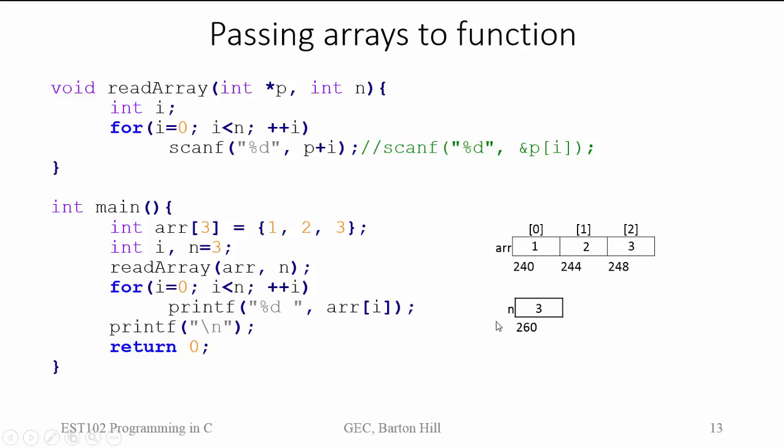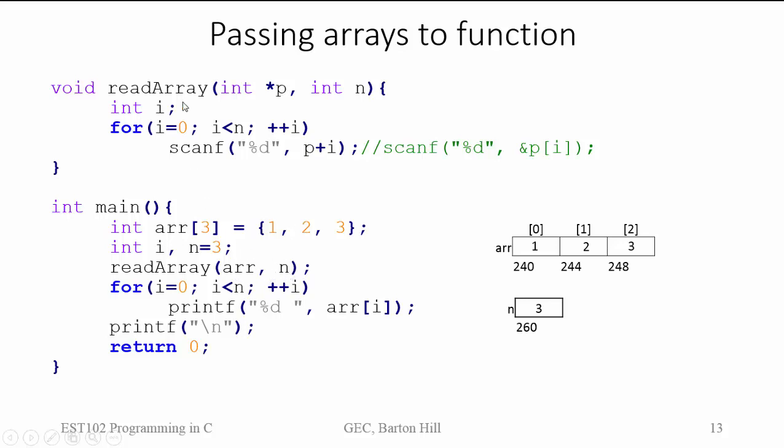I am assuming it is allocated at location 260 and it has the value 3. Then read array of ARR comma n is called, and as we know, the array name gives the address of the array, so we are passing the address of ARR and the value of n.